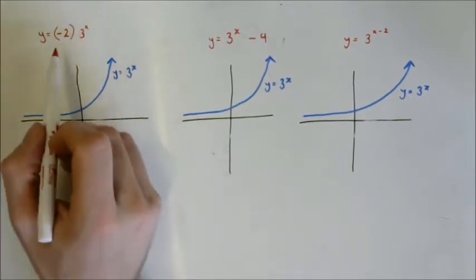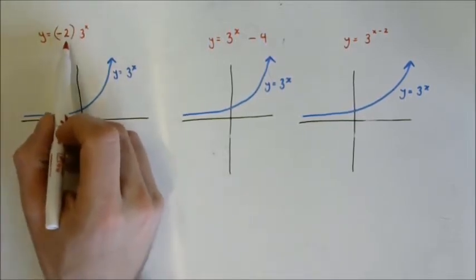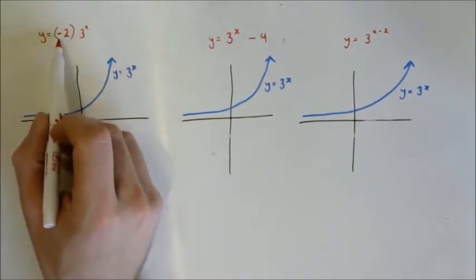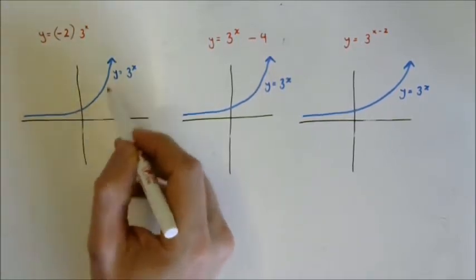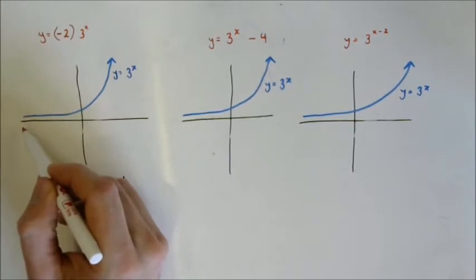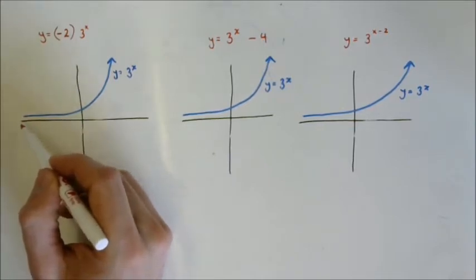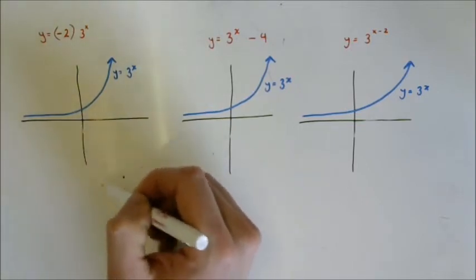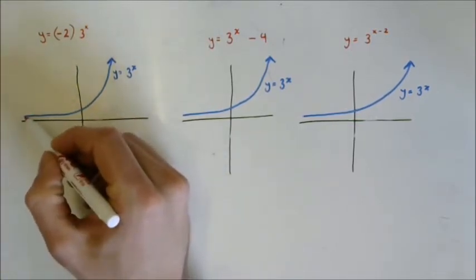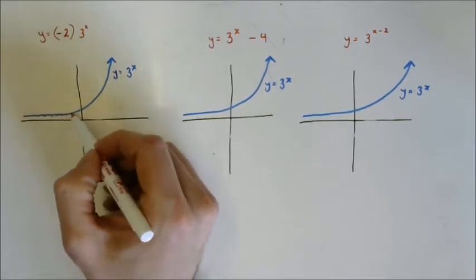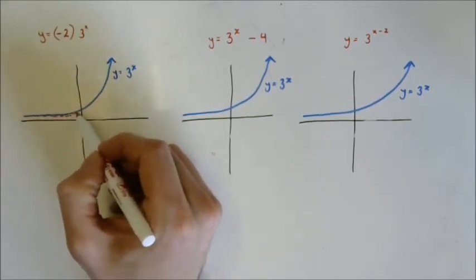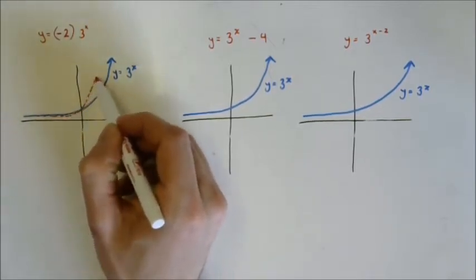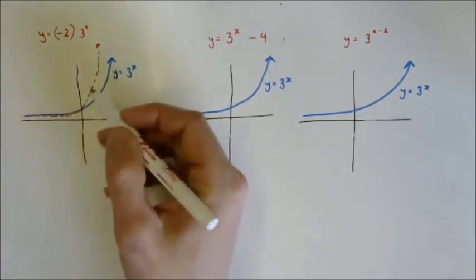So, this guy is a vertical stretch and a vertical reflection, or a reflection in the x-axis. So it's going to be the same picture, except you can do it two different ways. You could flip it first and then make it grow, in this case negative, twice as fast, or you can imagine that it starts to look like this and grows a lot faster than the blue one, and then flip it.